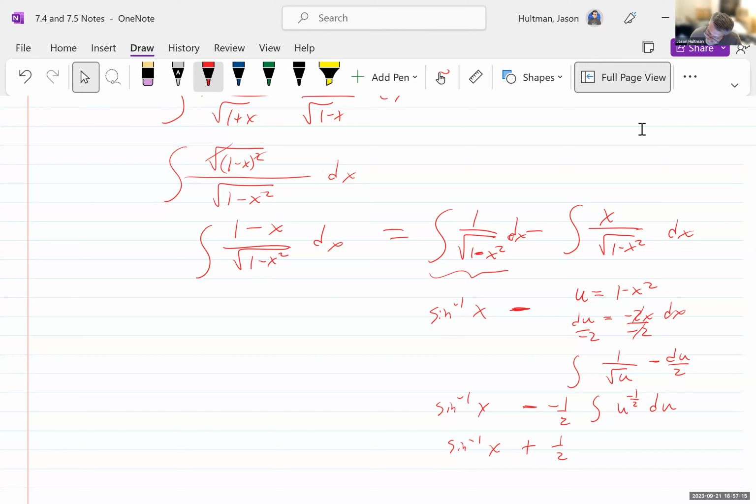1/2 times the integral of this guy. But what is the integral of that guy? Don't I just add 1 to this? Let's just add 1, and that gives me 1/2. And so we just divide by 1/2, which is the same as multiplied by 2.